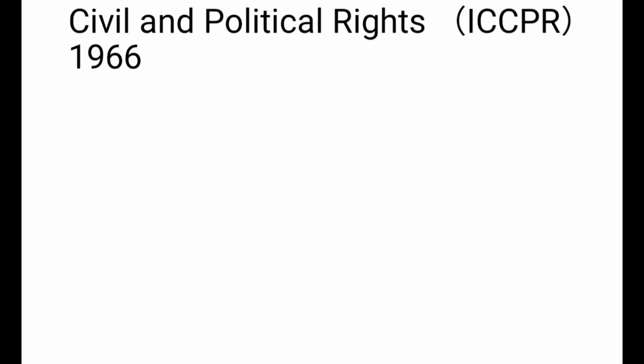Then let's also look at the brief summary of the provisions in the International Covenant on Civil and Political Rights. What are some of these rights that are contained in this convention?